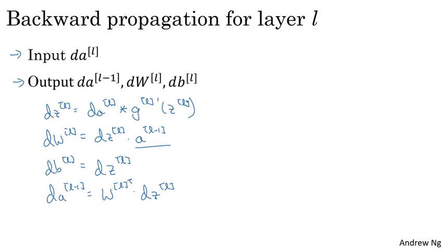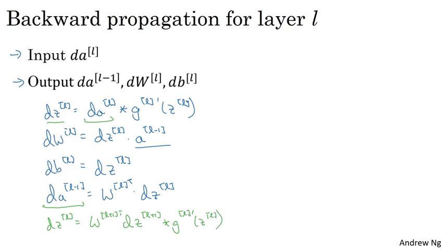Okay, and I don't want to go through the detailed derivation for this, but it turns out that if you take this definition for dA and plug it in here, then you get the same formula as we had in the previous week for how you compute dZ^[l] as a function of the previous dZ. In fact, if I just plug that in here, you end up with dZ^[l] equal to W^[l+1] transpose dZ^[l+1] times g^[l]' of Z^[l].